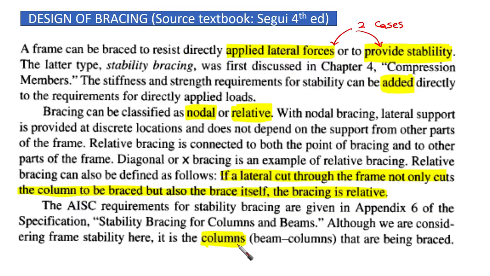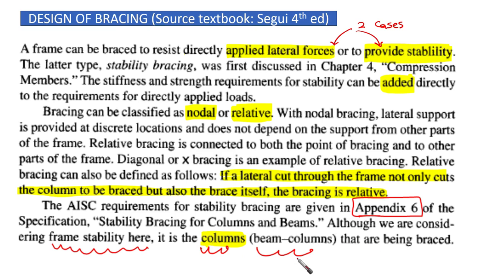Okay, let's go back here. The AISC requirements for stability bracing are given in Appendix 6, in general, of the specification: stability bracing for columns and beams. Although we are considering frame stability here, it is columns, or beam columns, that are being braced.